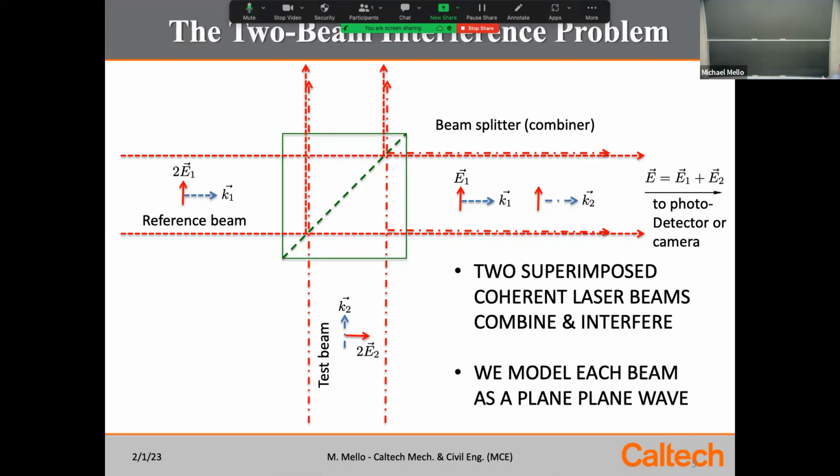How many have been in an optics lab before and seen a beam splitter? You've seen one before, okay? It's a beautiful thing. It's 2 cemented glass prisms. It's a block, actually, okay? It looks like that, okay? And this coating is very precisely prepared to transmit about 50% of the beam.